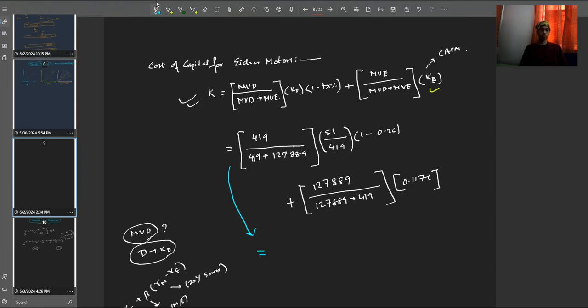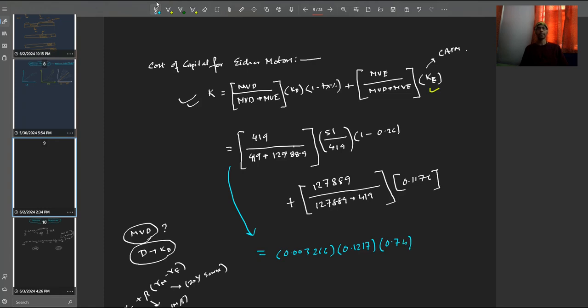This is equal to 0.003266. Then 51 by 419, 51 divided by 419, 12.17%, so 0.1217. Tax rate 1 minus 0.26, 0.74.